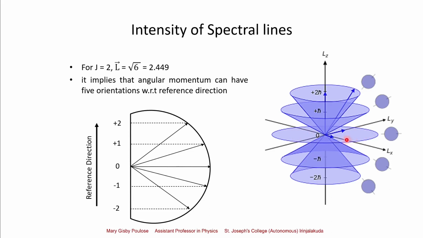Now the molecules having angular momentum plus 1 will rotate along this cone having amplitude h cut, and molecules having angular momentum plus 2 h cut will rotate along the cones of vector amplitude 2 h cut. Likewise, molecules having angular momentum minus 1 will rotate along the cone shown here, and molecules having angular momentum minus 2 h cut will rotate along this cone.